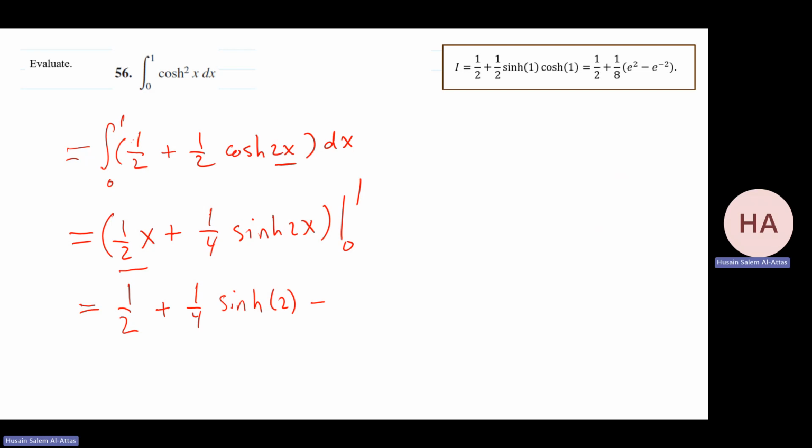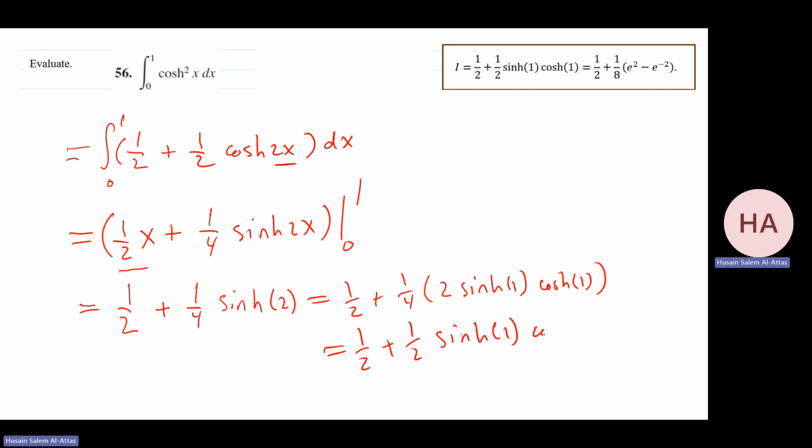Sine hyperbolic 0 is 0, so minus 0, no need. Or you can rewrite it as half plus 1 over 4 times 2 sine hyperbolic 1 cosine hyperbolic 1. And that will be half plus 1 over 2 sine hyperbolic 1 cosine hyperbolic 1.